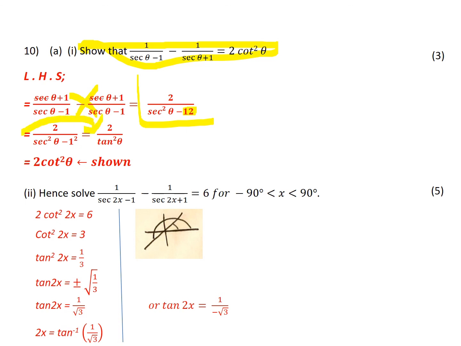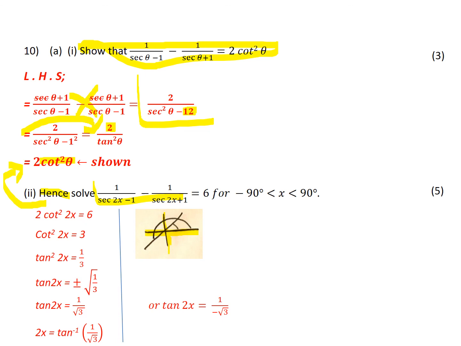And now if you remember that 1 upon tan squared theta is cot squared theta, which means you will simply multiply by 2. Again, hence means that we have to use the answer from the previous question and solve this equation. Now we will solve that by using the tan graph, if you remember.